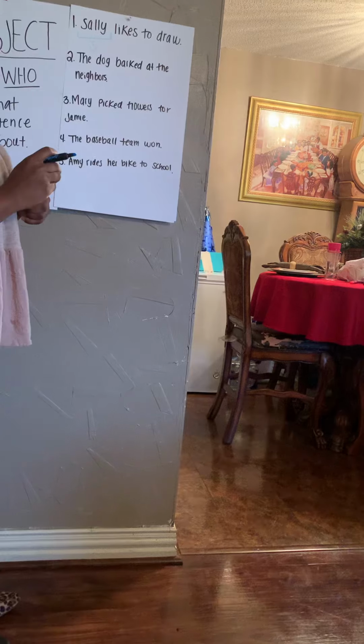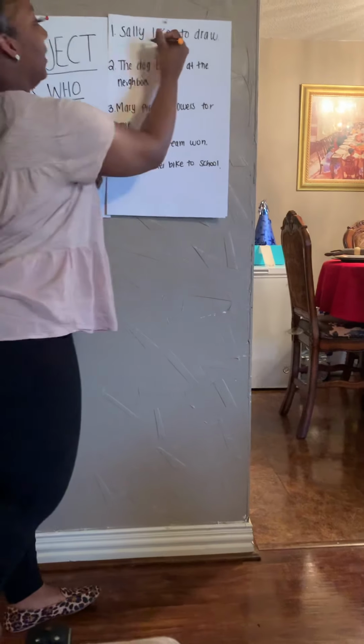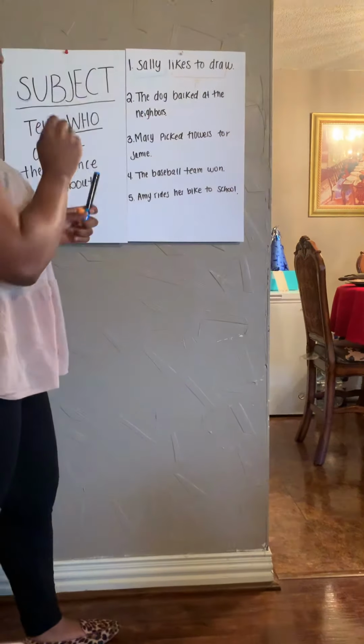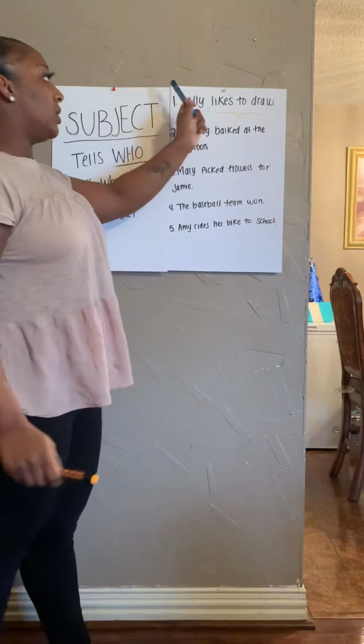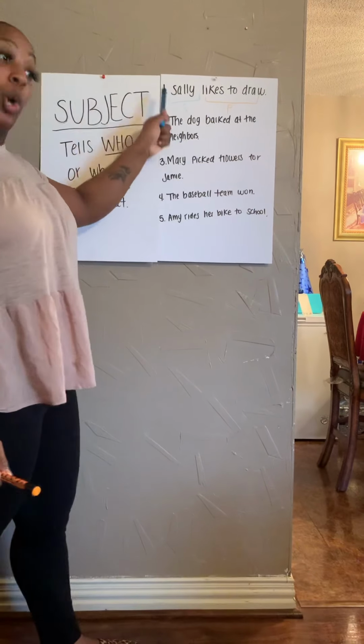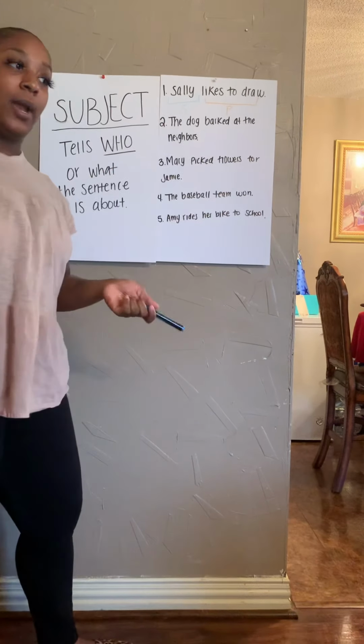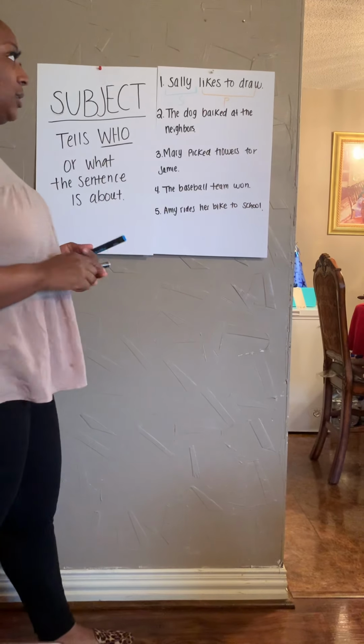Likes to draw. Perfect. Likes to draw because that is the action that is taking place. Likes to draw is going to be our predicate because that's the action that Sally is doing.